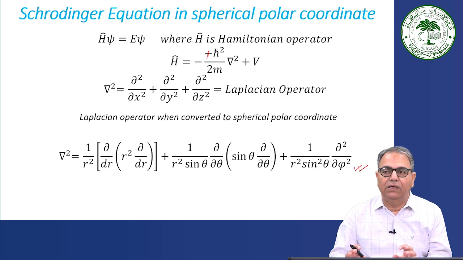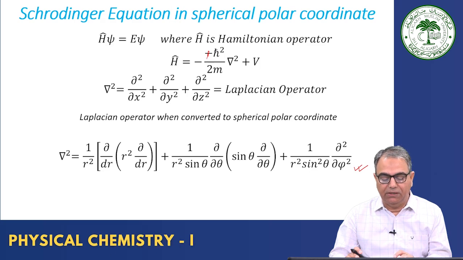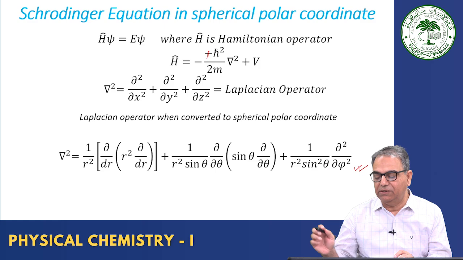In spherical polar coordinates, the Schrodinger wave equation is 1 by r squared del by del r of r squared del psi by del r, plus 1 by r squared sin theta del by del theta of sin theta del psi by del theta, plus 1 by r squared sin squared theta del squared psi by del phi squared, plus 8 pi squared m by h squared E minus V psi equals 0.